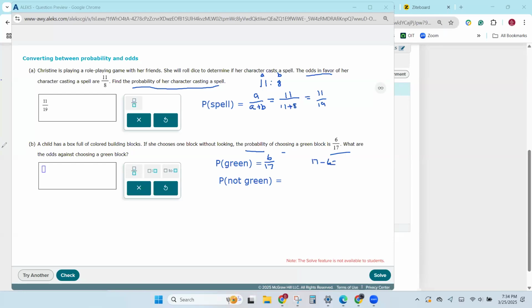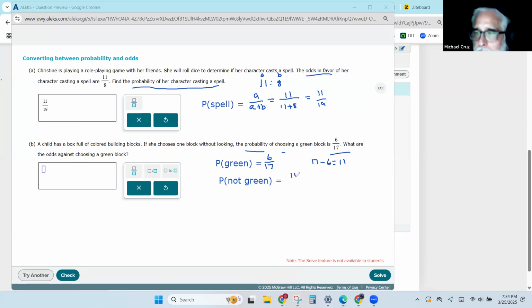Yep. So it's 11 over 17 now. And they should always have that same denominator.